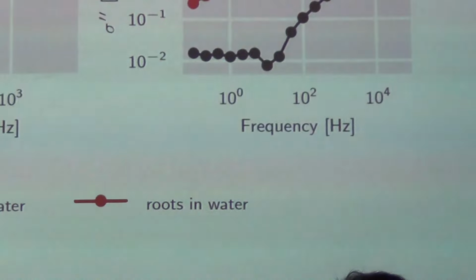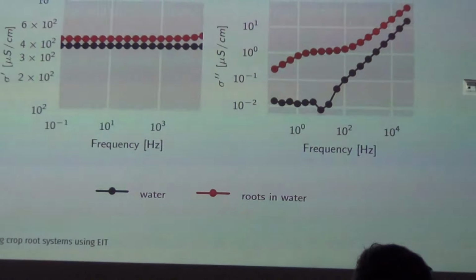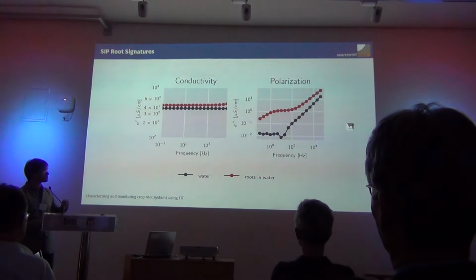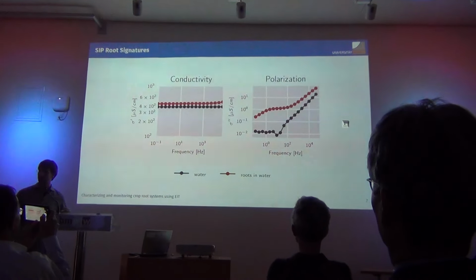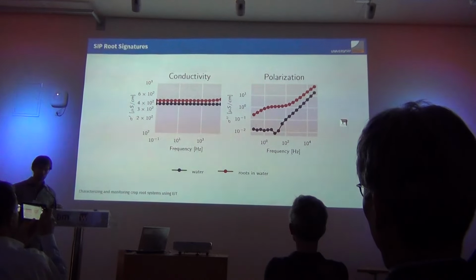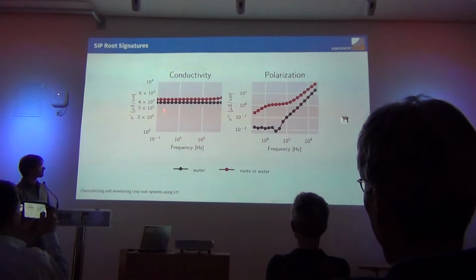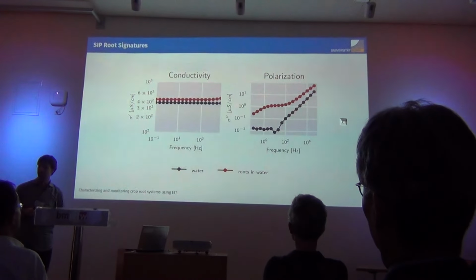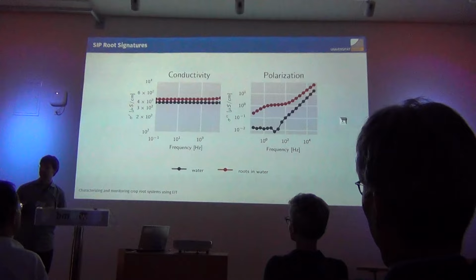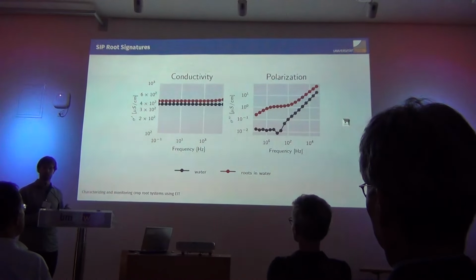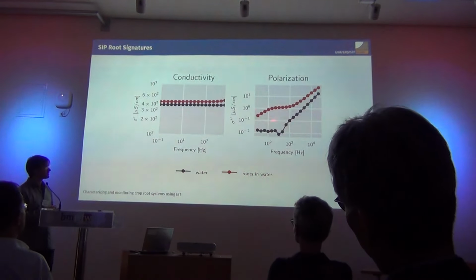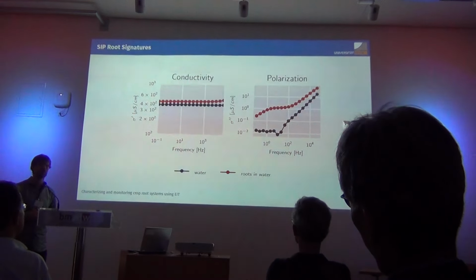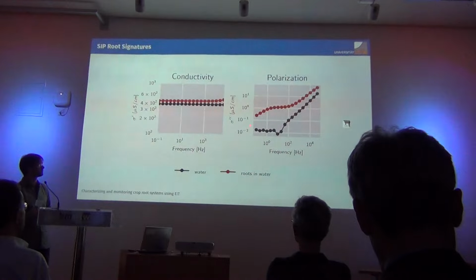But if we just go to the first scale, the small or single root element scale, if you just measure some roots in a small measurement container filled with water, we see hardly any contrast in the conductivity, because fine roots are often non-woody in nature, so they don't have large resistivity contrasts compared to the surrounding water. On the other side, we see significant polarization responses in the low frequencies that we are usually measuring in the frequency domain.